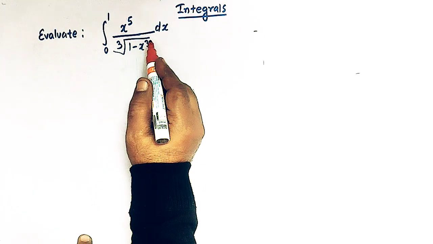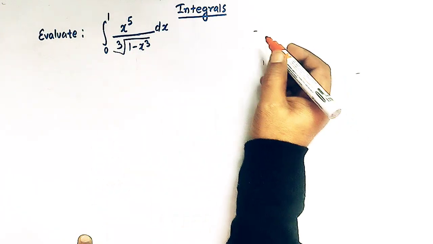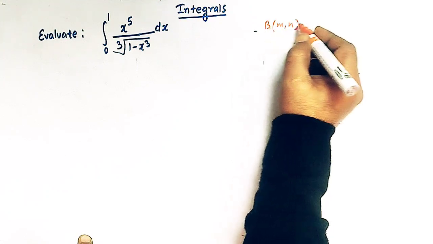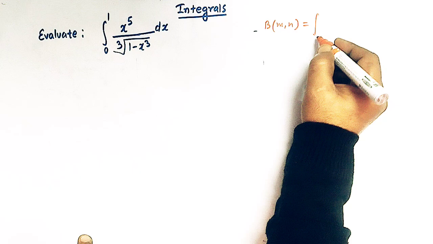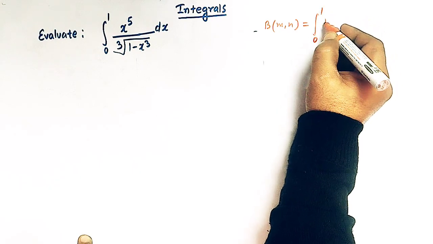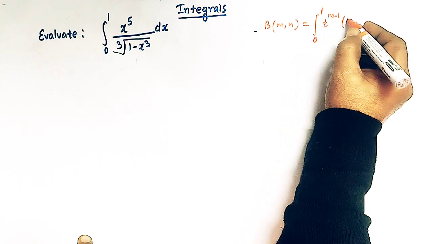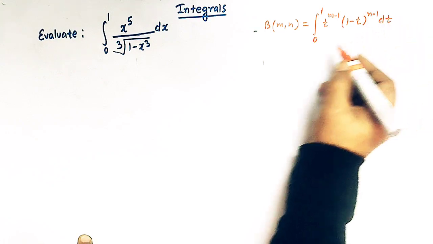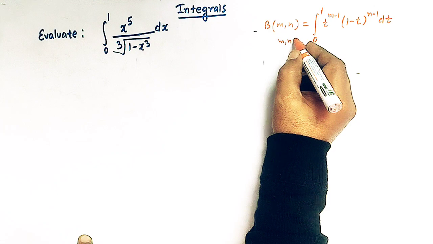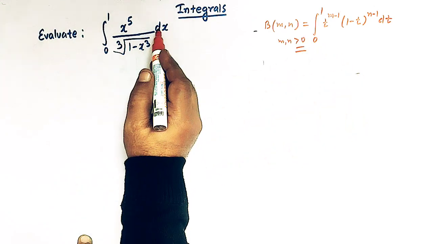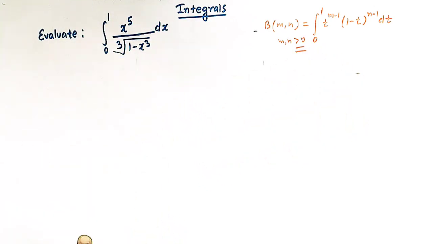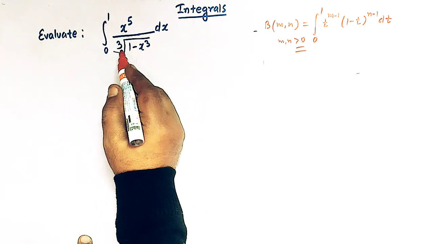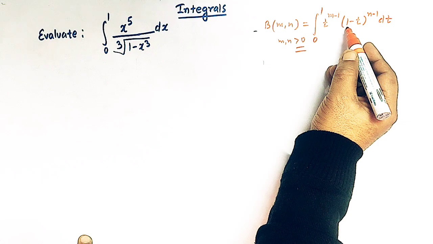Here we'll try to convert this integral into a beta function, which is defined by beta m comma n is equal to the integral from 0 to 1 of t raised to m minus 1, 1 minus t raised to n minus 1 dt, where m and n are greater than 0. So the purpose of applying the method of substitution is to reduce this integral into this form.